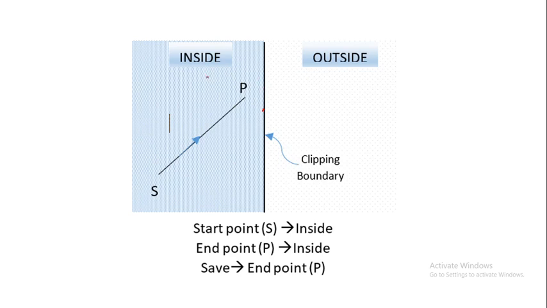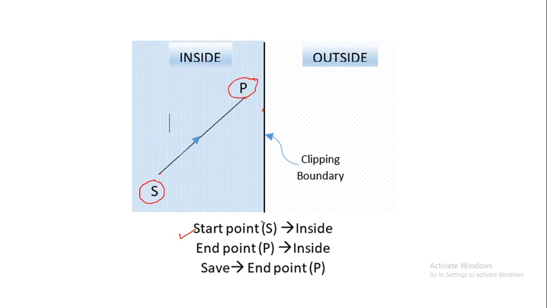If the start point and end point of the line are both in the inside region, then we have to save the end point of the line. Here I have written the start point as S and the end point as P.